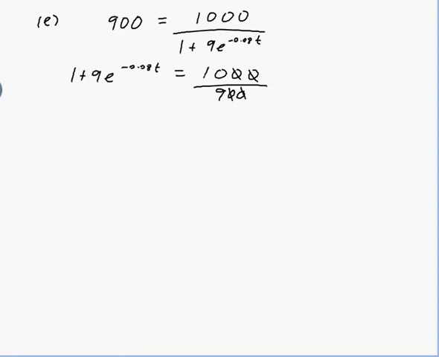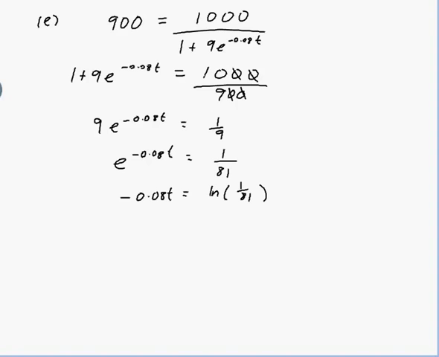So we take 1 from both sides and we get 9e^(−0.08t) = 10/9 − 1. 10/9 is 1 and a ninth, so that's that. So e^(−0.08t) = 1/81. So −0.08t = ln(1/81).